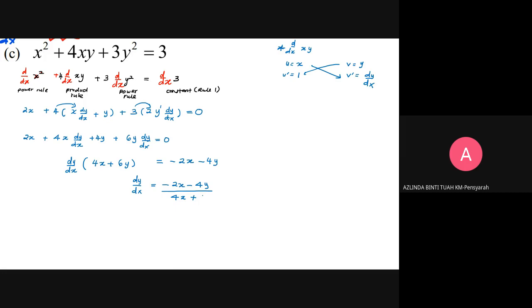Okay, what can we do to get the simplest answer? Divide 2. Okay. Factorize 2 atas dan bawah. Sebelum nak cancel, mesti kena factorize dulu.